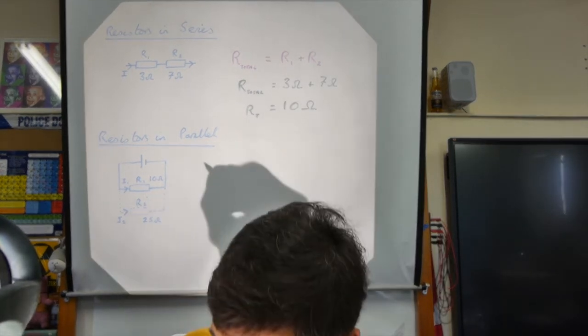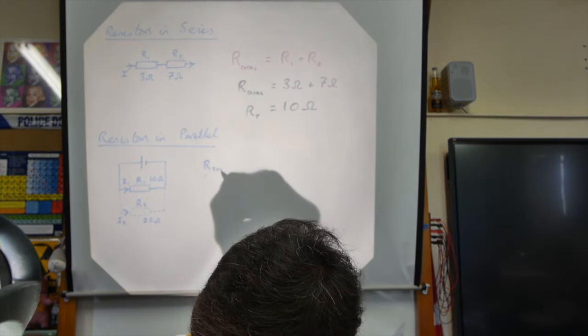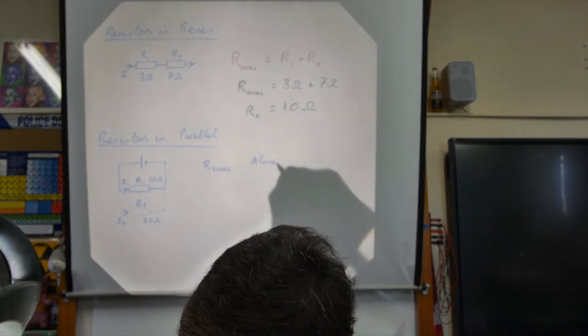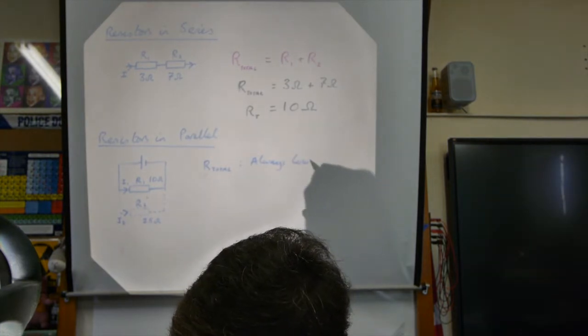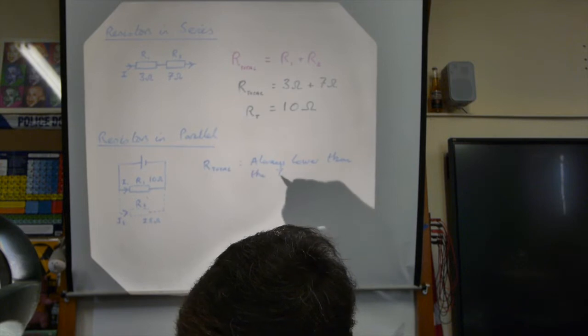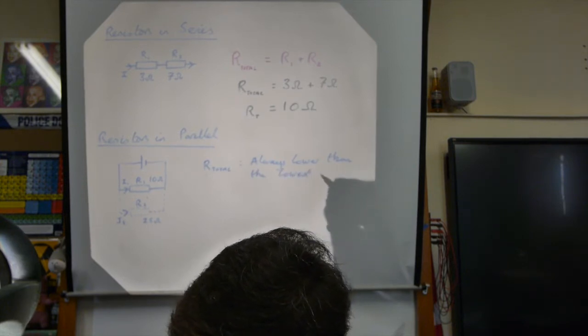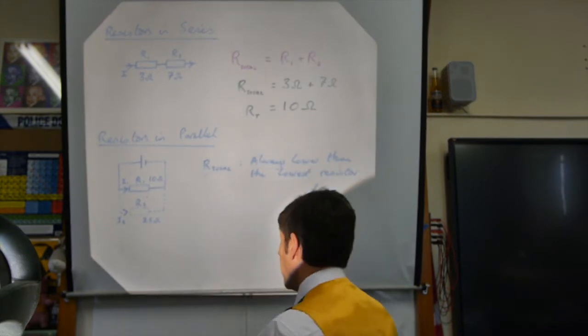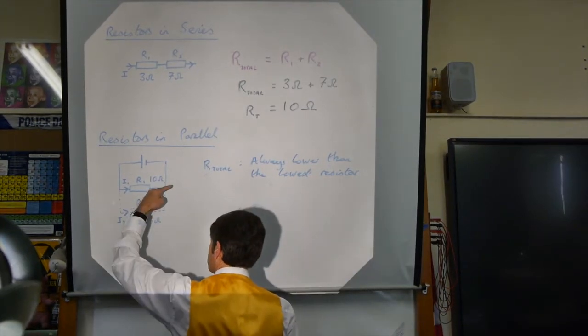So the total resistance, R total, is always lower than the lowest resistor.